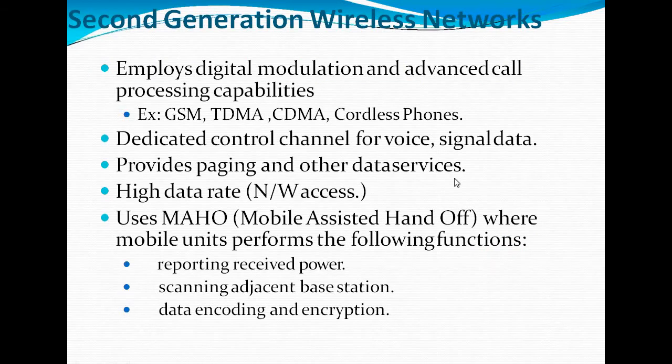In second generation, where digital modulation is used, which includes GSM, TDMA, CDMA, and cordless phone, there are dedicated control channels for voice and signaling data. So it provides paging and other data services.